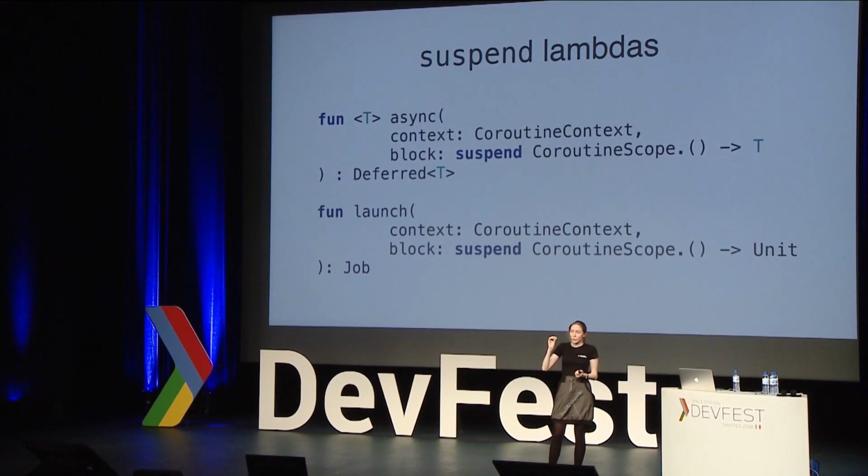And if we look at how these coroutine builders are defined, we'll find out that they mark their lambda parameters with the suspend modifier. So the right answer to the question of where you can use your suspend functions is inside suspend functions or inside these suspend lambdas.